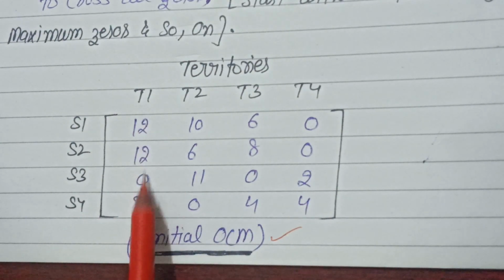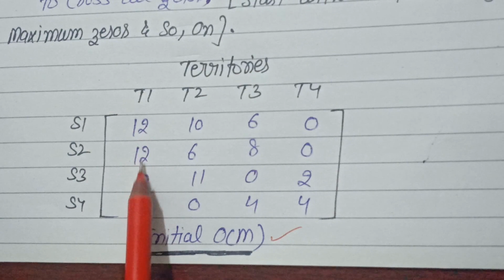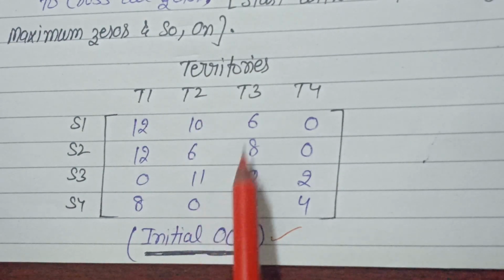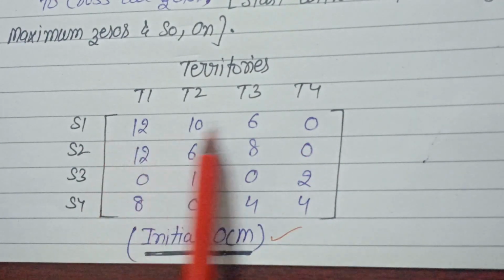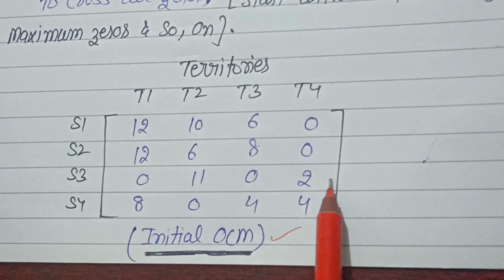Again we will check columns also, because we have to select the row or column having the maximum zeros. In column 1 there is a single zero, in this one a single zero, and in this one again 2 zeros. Moving initially to the rows, you will see that the S3 row has 2 zeros.